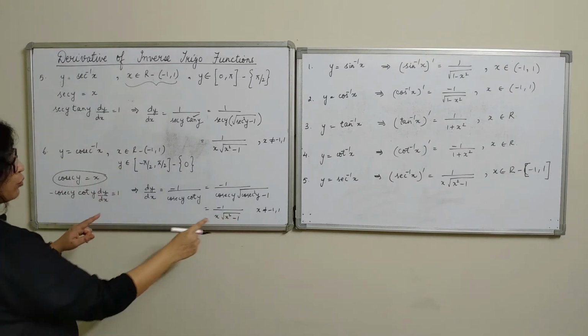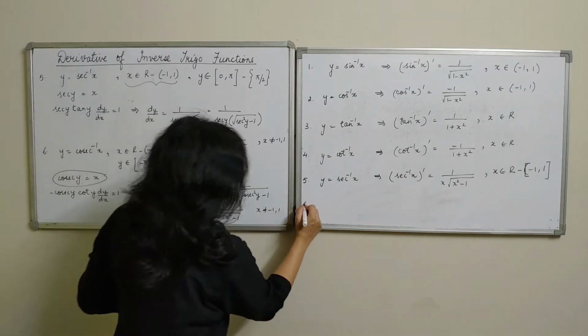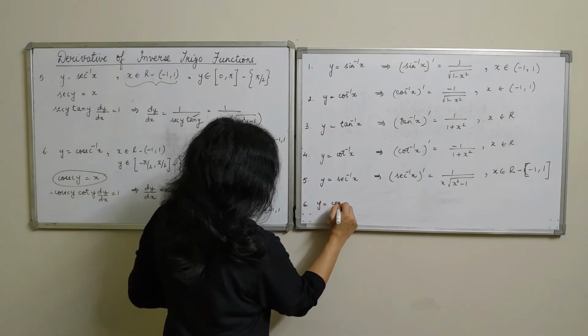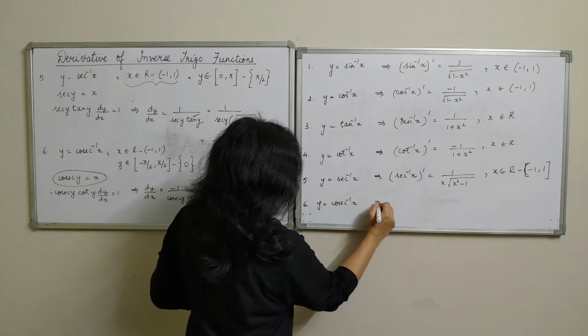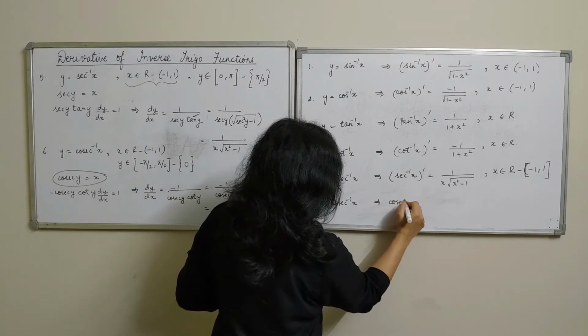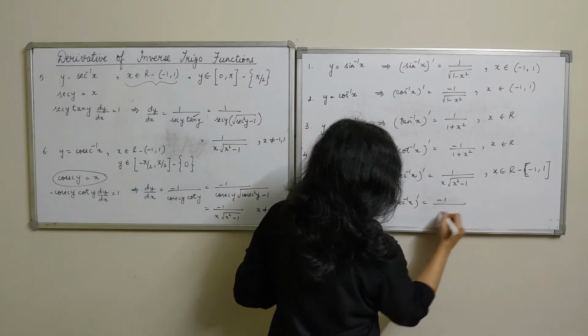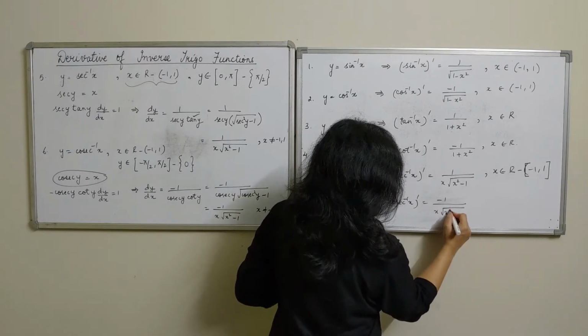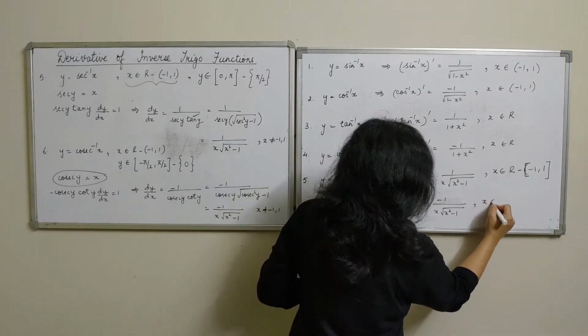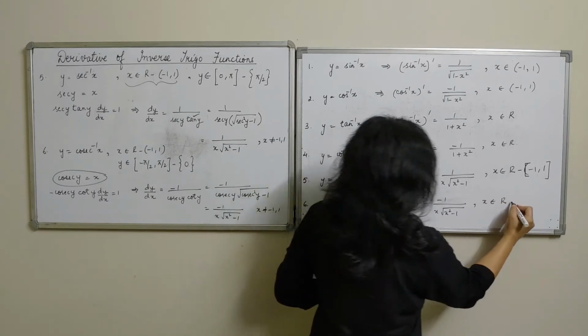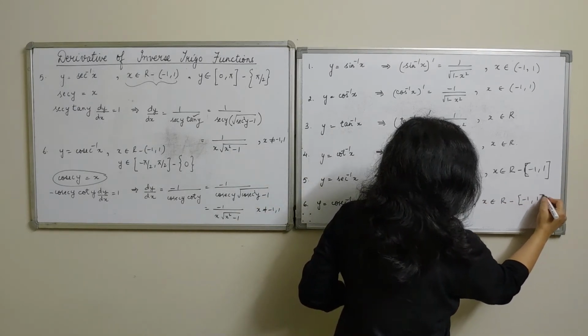Moreover, there are more conditions on x that we'll write down here. If y is equal to cosec inverse x, then the derivative of cosec inverse would be minus 1 upon x under root x square minus 1, where x belongs to all real numbers except this open interval.